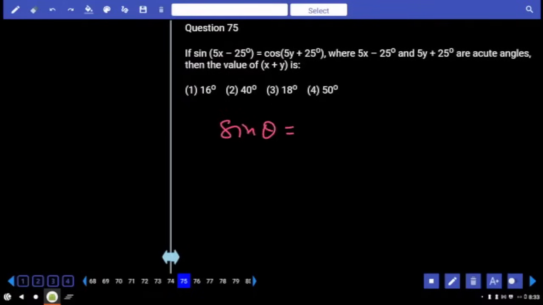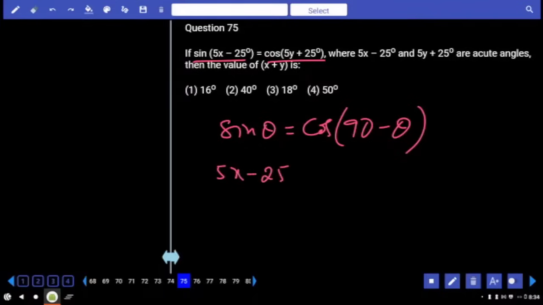Can I write sin theta is equal to cos 90 minus theta? Yes. Same thing we have. So I'll write 5x minus 25 is equal to 90 minus 5y plus 25.